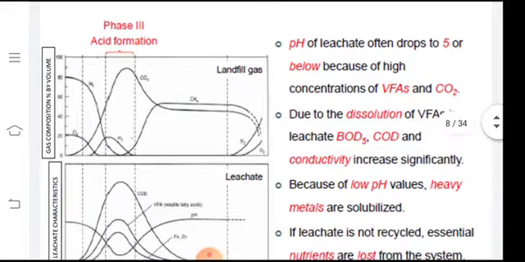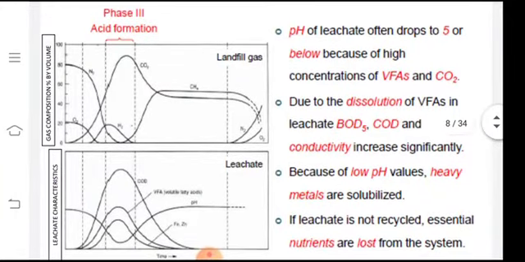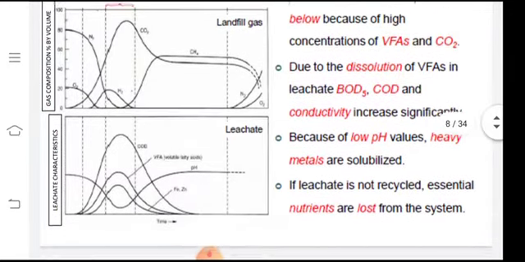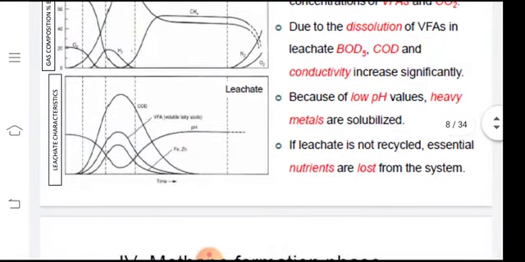Continuing in this phase, the pH of the leachate drops to 5 because of the high concentrations of VFAs and CO2, and due to the dissolution of VFAs in leachate, BOD, COD and conductivity have increased. At low pH values, heavy metals are solubilized.